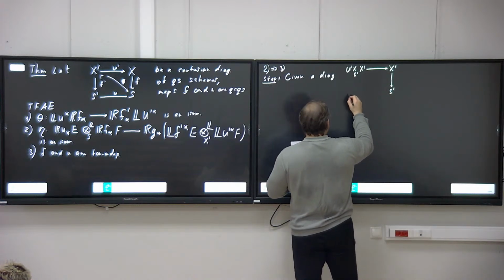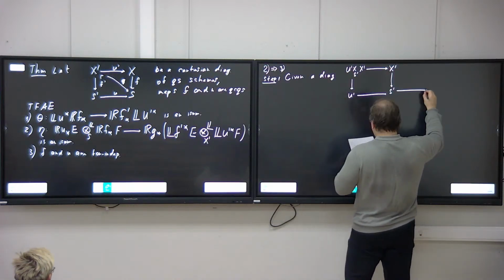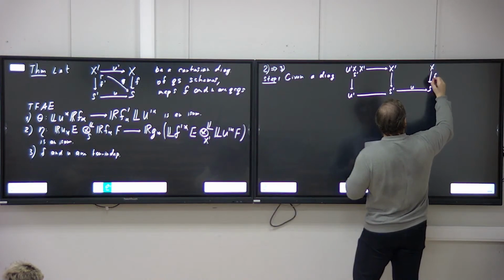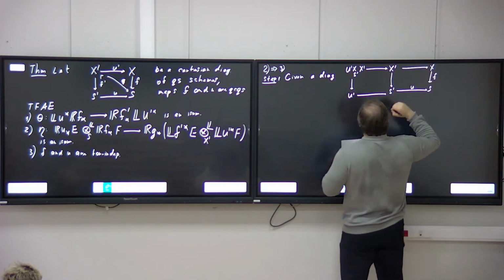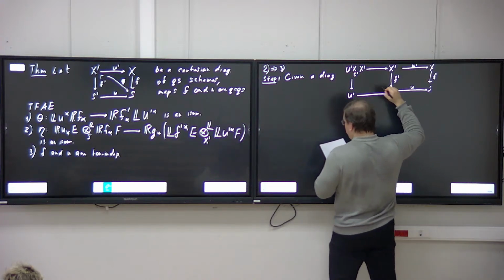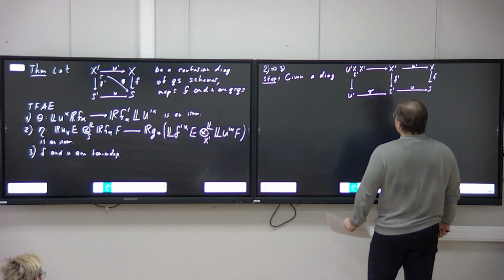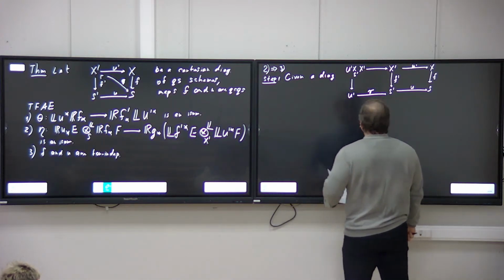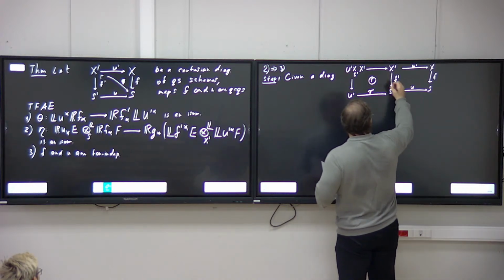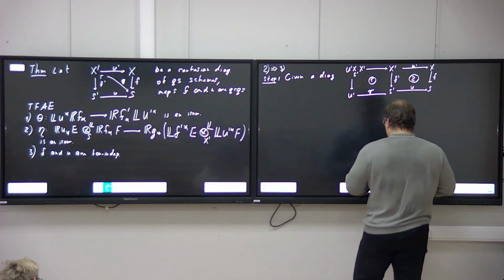So this is the new piece. And then there is the diagram as before. Yeah, so this is f prime, this is u prime, and I also need map v. So probably I don't need any other maps, so I don't want to give them names. But I want to give the names to the squares that I have on this diagram. So I have squares 1 and 2.